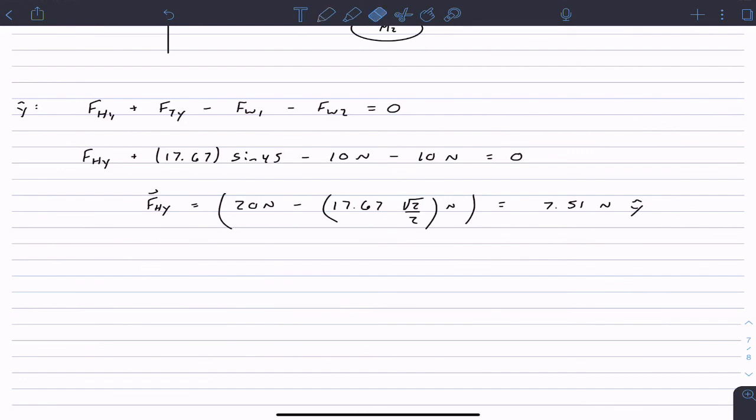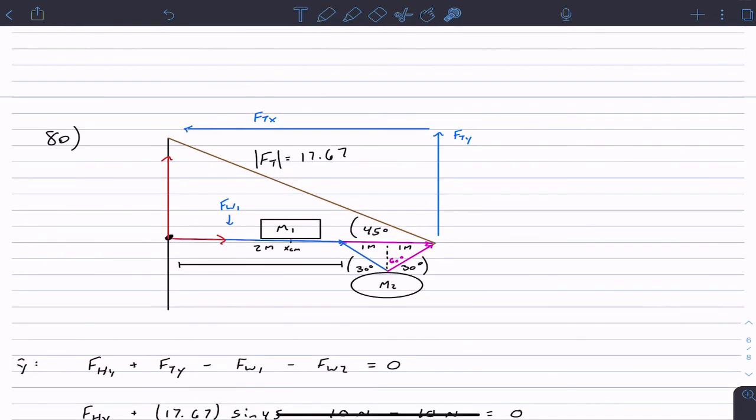Okay, and now for the x-hat direction, we do the same thing. Just sum everything up in the x direction, right? So, well, this is y direction, this one is y direction. The only x direction forces we have are from the tension force. So we have a tension in the x direction, and we have a force from the hinge pushing outwards, right?